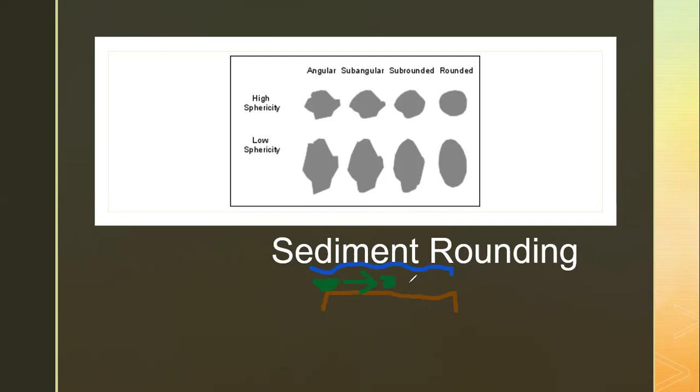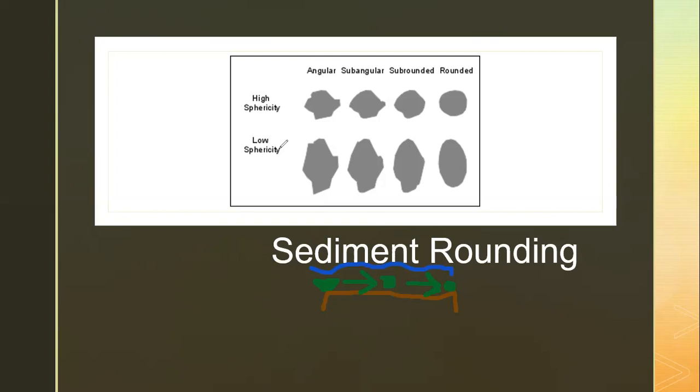And then if it goes all the way down this super long lake, this grain will eventually become well-rounded. And that's what this idea of rounding is. It's pretty much how much weathering these grains have gone through.